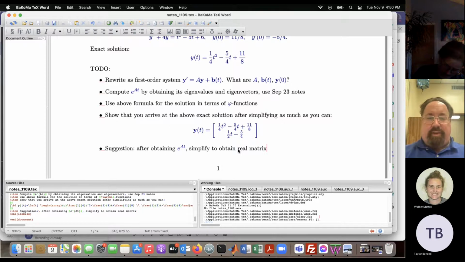And this is the sort of thing that comes about from the third homework problem anyway. Okay, and that's it. So at least from this, you'll know if you're doing it right.